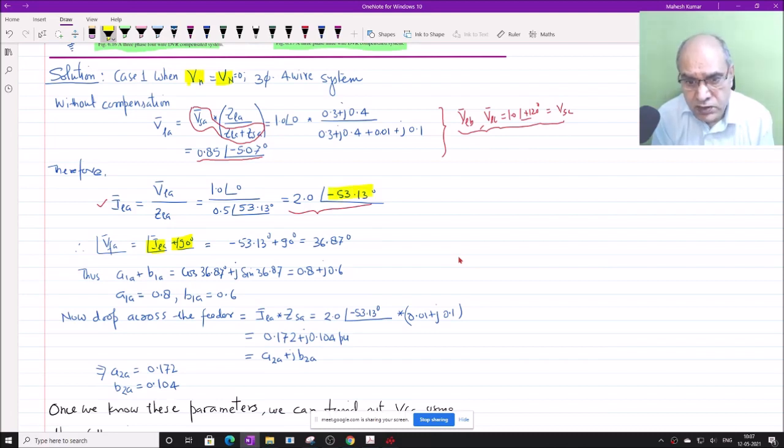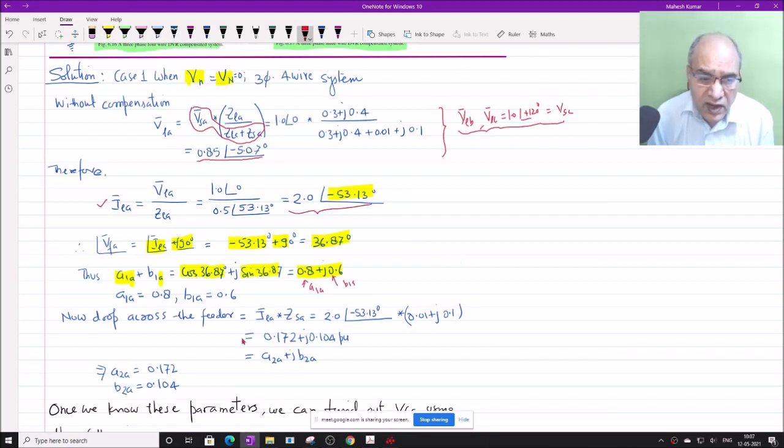ILA is minus 53, so minus 53 plus 90 becomes 36.87. Therefore, A1A, A for A phase, B1A, B for A phase, so A1A is cos of 36.87 and B1A is sine of 36.87, which is 0.8 and 0.6. So they are A1A and B1A.